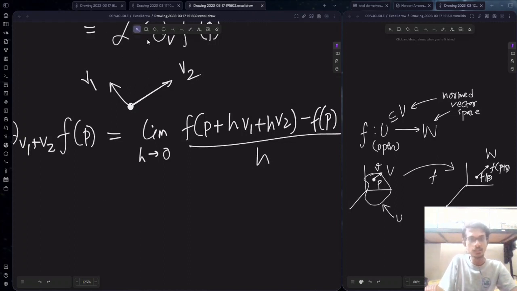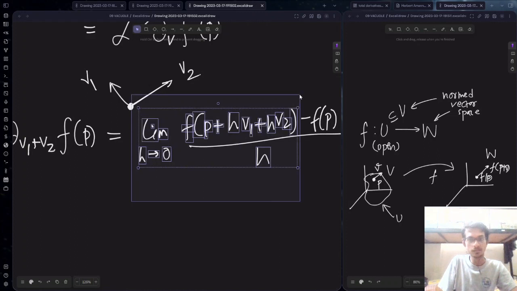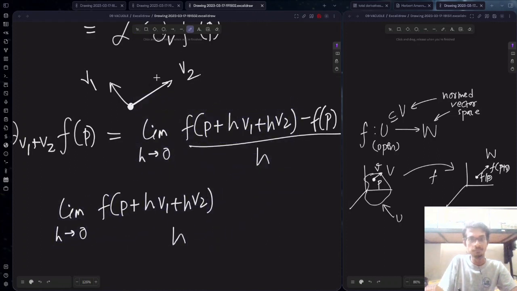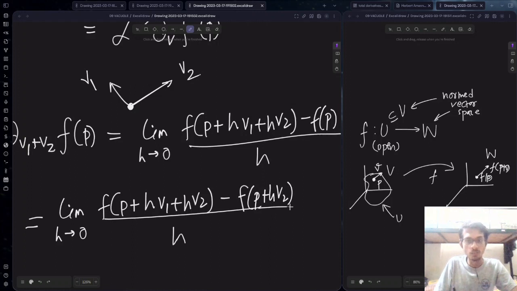But what happens is, if I repeat this again and take something like f of p plus h v2, I can just consider p plus h v2 as some p dash, and then p dash will go to p or something like that.